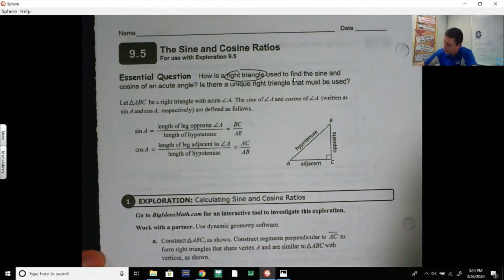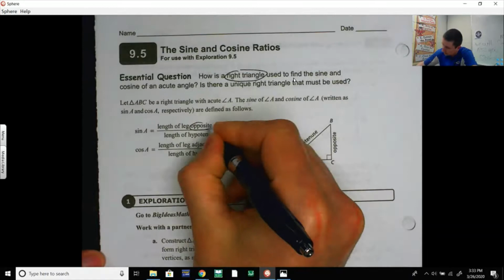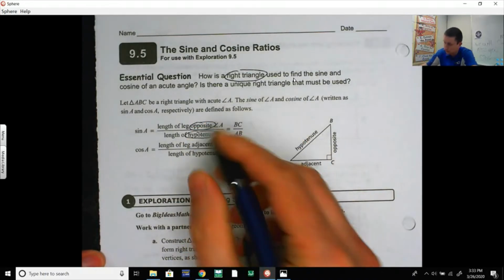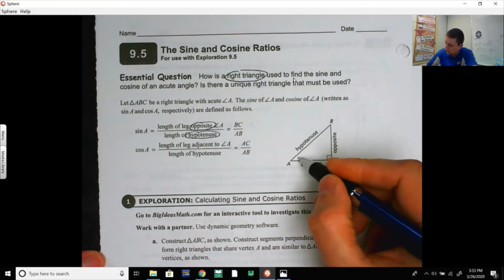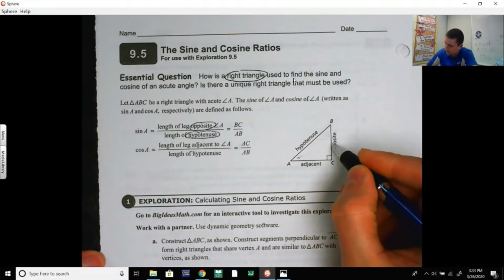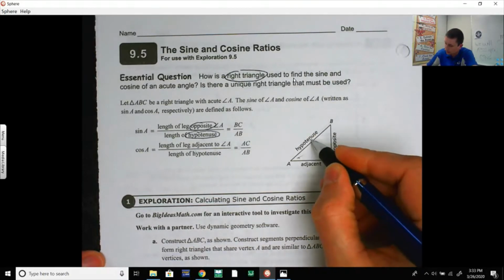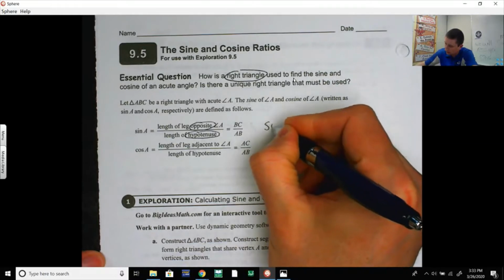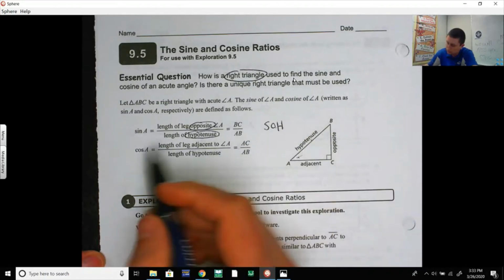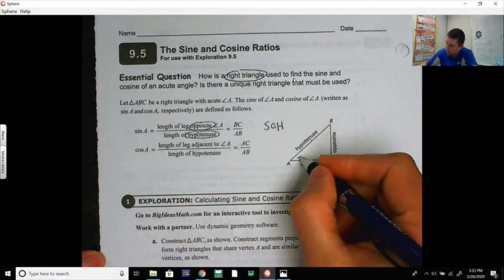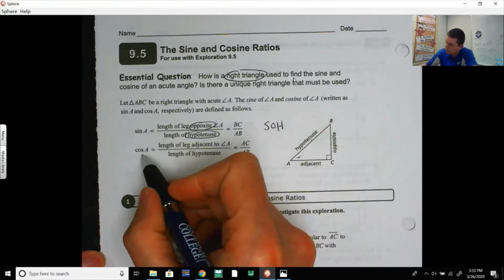And the sine is the opposite over the hypotenuse. So here comes the hypotenuse. We did not use that for tangent. So sine, if you have angle A, sine is the opposite over the hypotenuse. Sine is opposite over hypotenuse. The cosine, so if I still have angle A, the cosine is not the opposite.